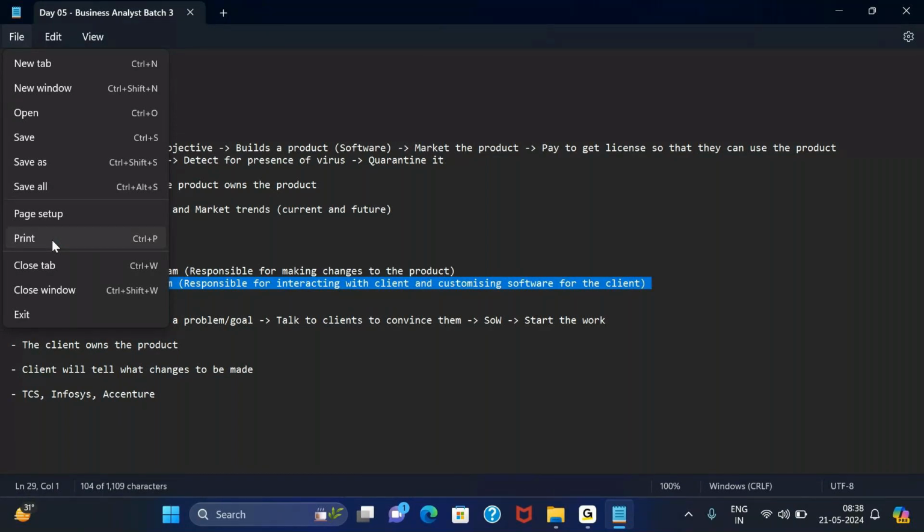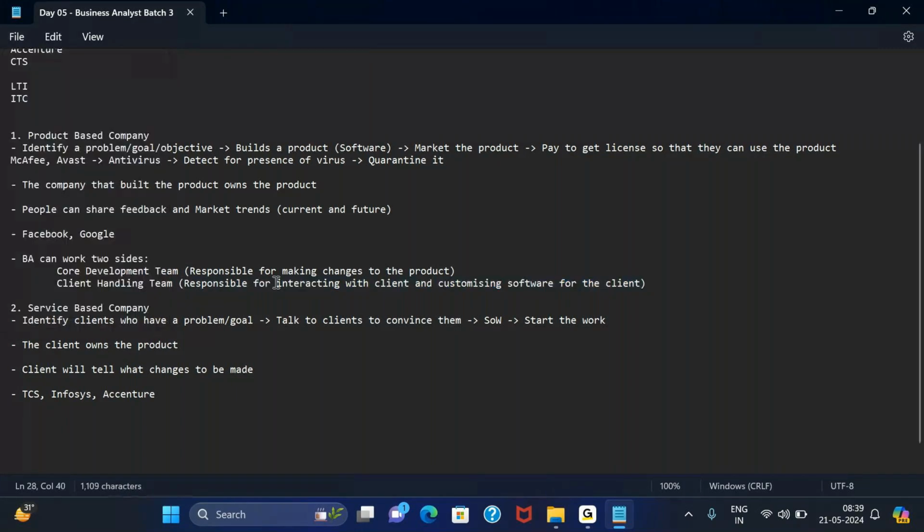So you probably may not be able to do those things unless you talk to your core development team, that we are getting requests from different clients about having a print option in the software. So add that print option, and once you add it and deploy the software, then we will update the clients as well.